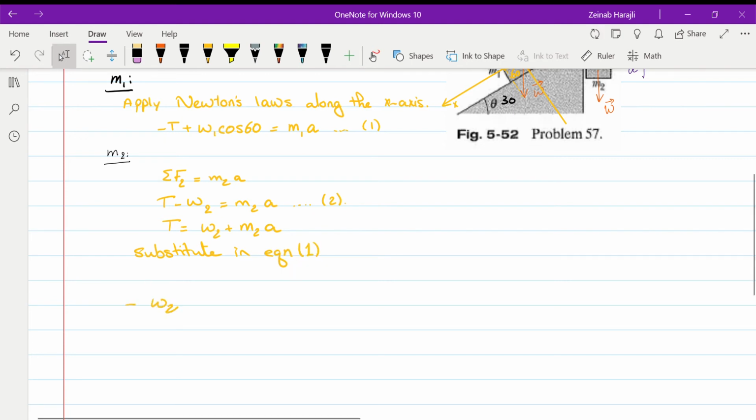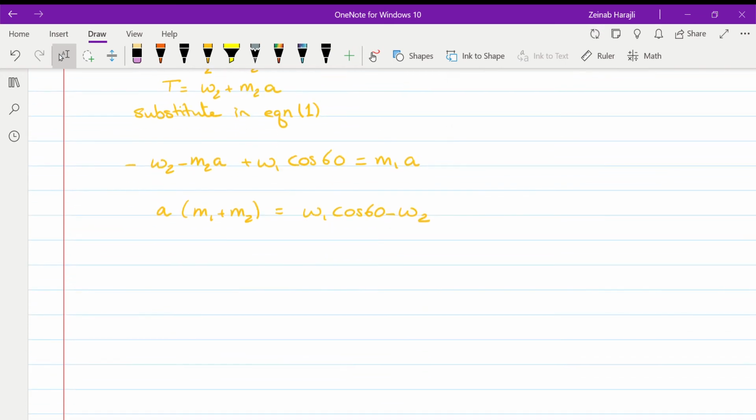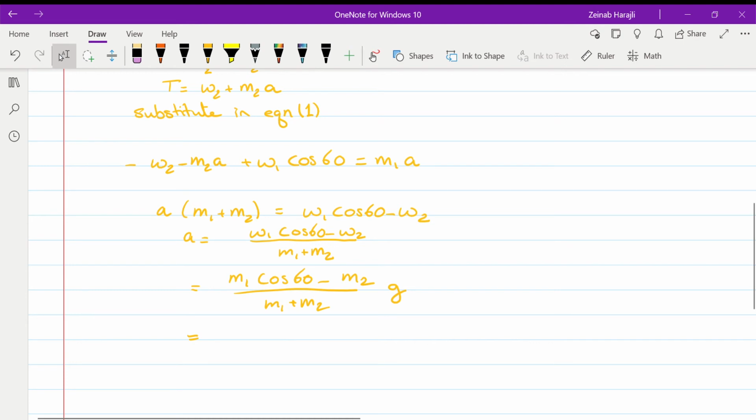So we will have minus W2 plus M2A plus W1 cosine 60 equals M1 times A. Let's rearrange this to get A. We get this expression for the acceleration, which we can now find by substituting all the values that we are given.